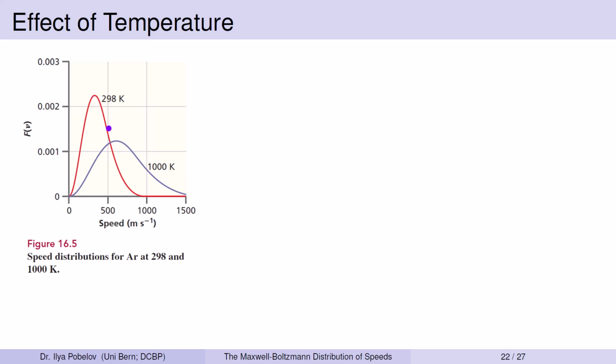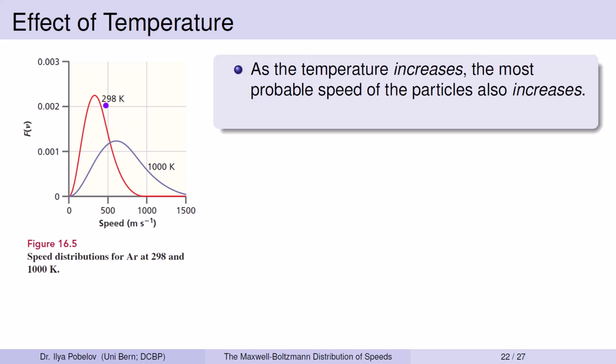At the higher temperature of 1000 Kelvin, the peak of the distribution shifts towards higher speeds. This shows that as the temperature increases, the most probable speed of the particles also increases. This implies that other characteristic speeds increase as well.